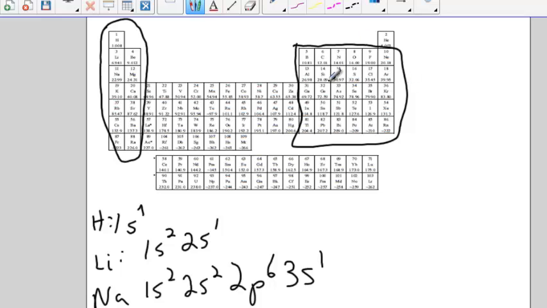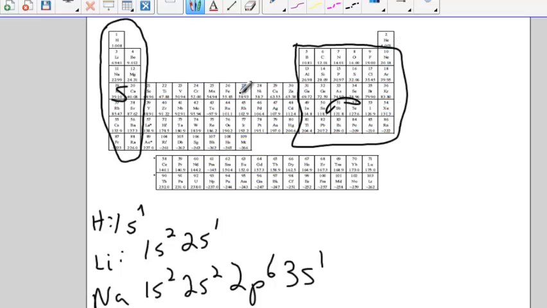So this is the s block, and this is called the p block of the periodic table. And all the electron configurations will end here in p. Everything here will end with 1 electron in the p. Everything here will end with 2 electrons in the p. 3, 4, 5, and 6.